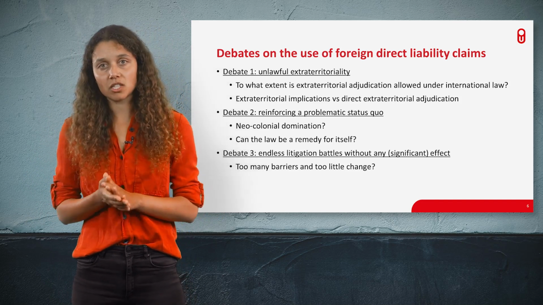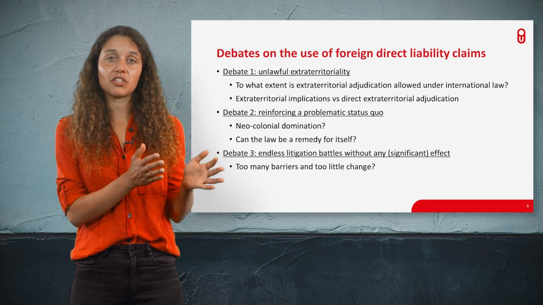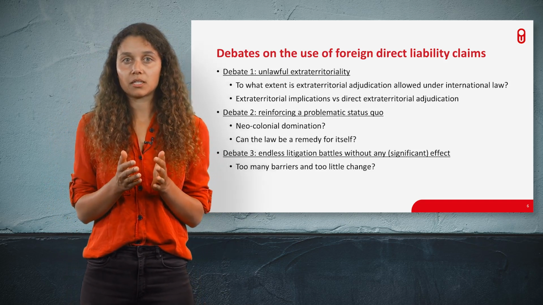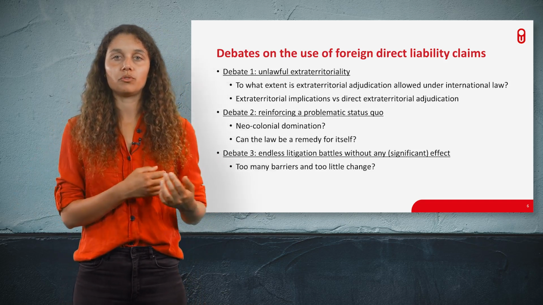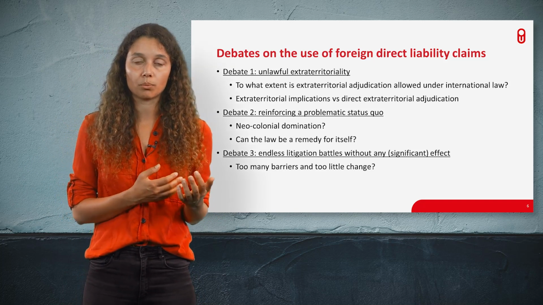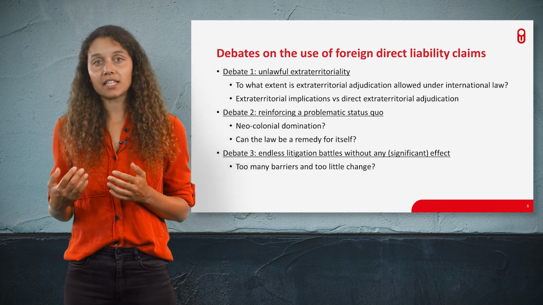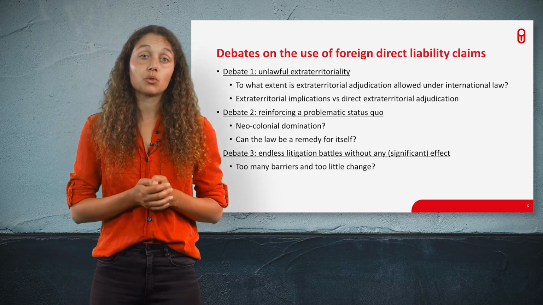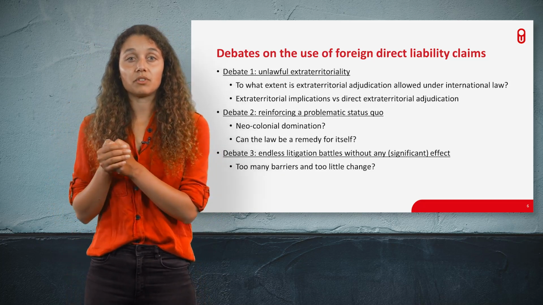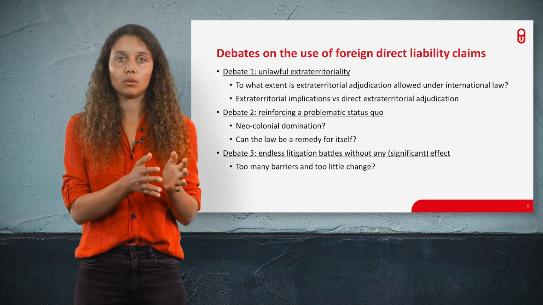So based on this, some researchers argue that prevention or non-judicial mechanisms for redress are a more fruitful focus when aiming to remedy corporate human rights harms. Others argue, however, that the effects of foreign direct liability claims should not be measured on the basis of the outcome of the case itself alone.